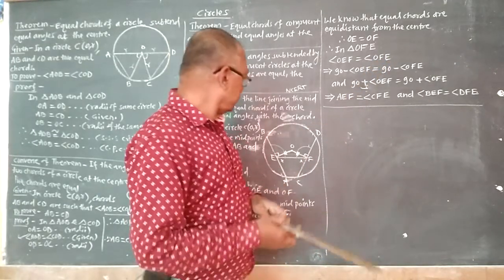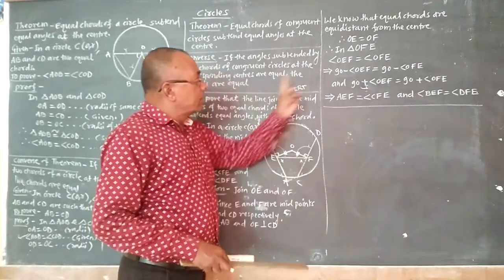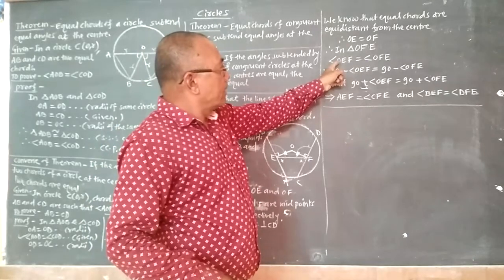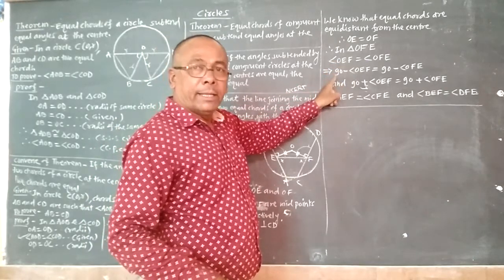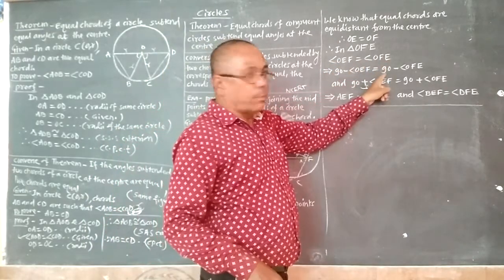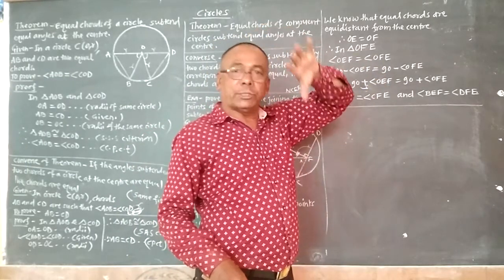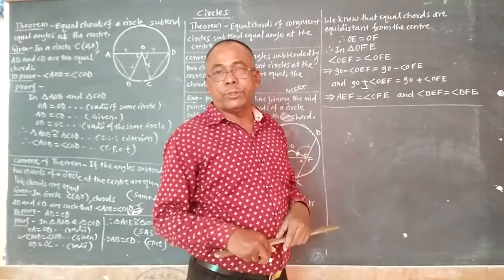And now if we subtract angle OEF from 90 and angle OFE from 90, the same operation is done on both sides of the equation.